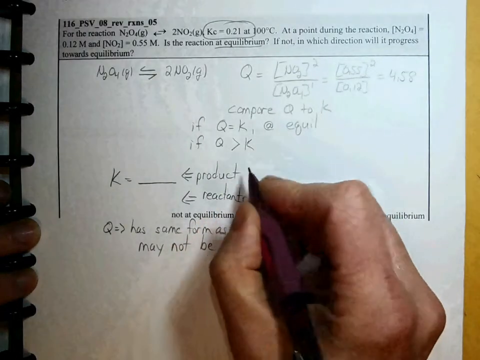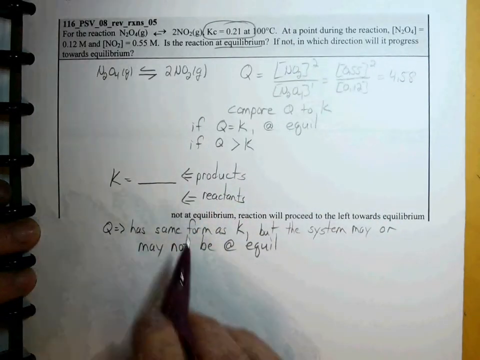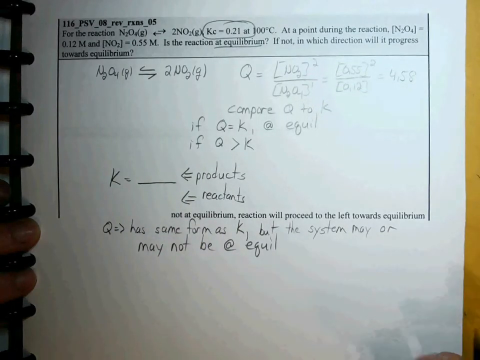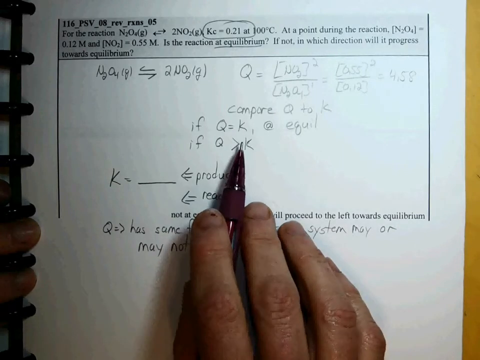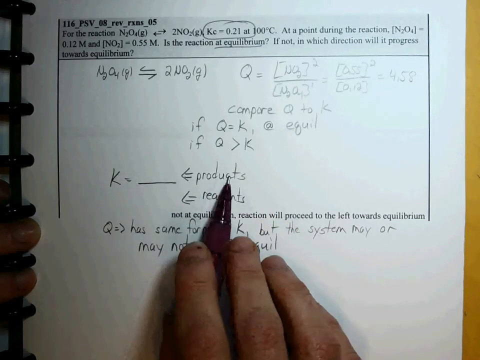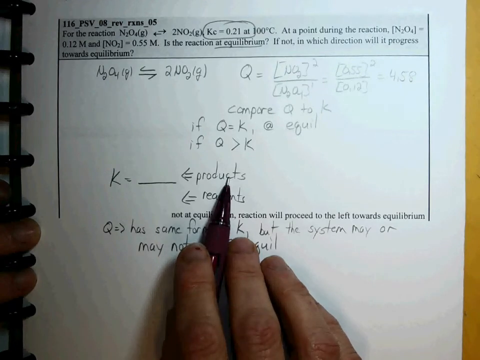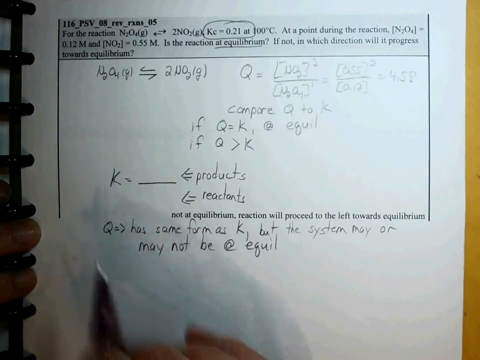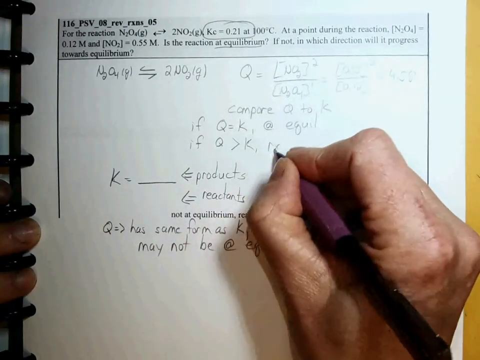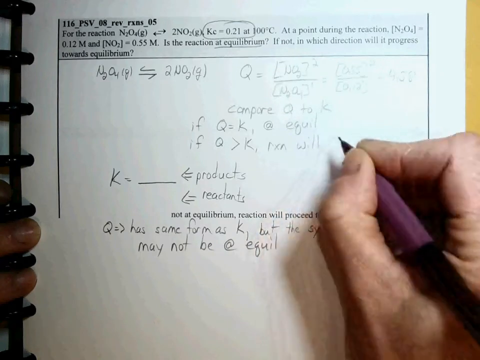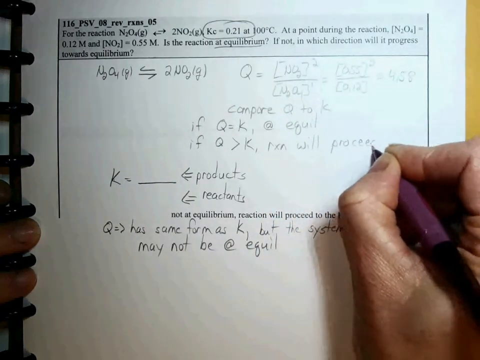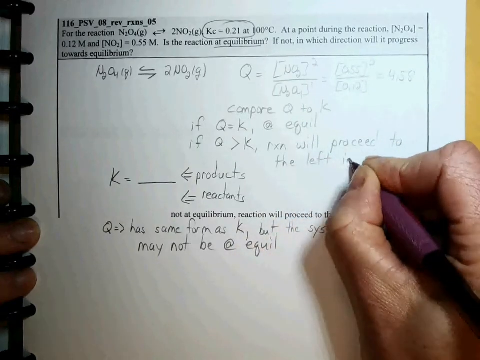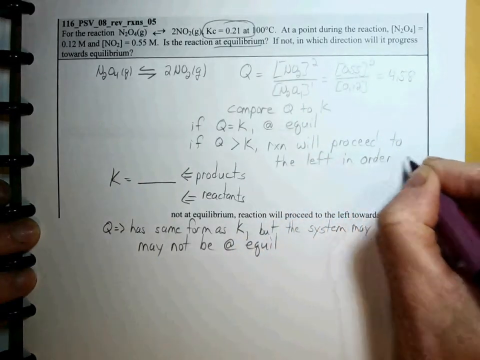If Q is equal to K, you're at equilibrium, there's going to be no change in these concentrations. If Q is greater than K, that means the product concentrations have to become smaller so that Q can approach K. So in this case, the reaction will proceed to the left in order to reach equilibrium.